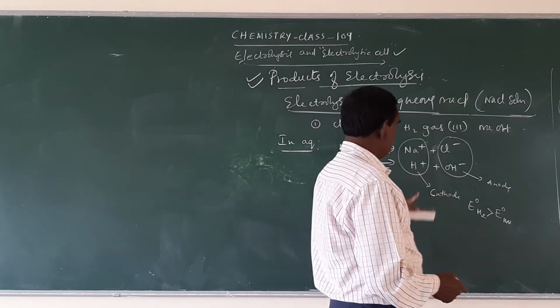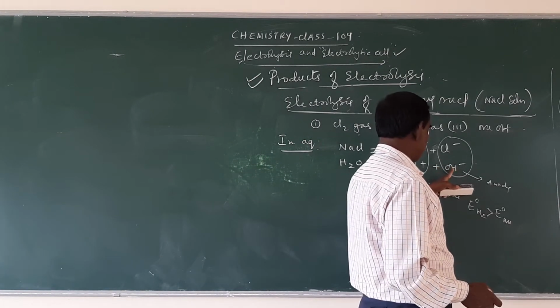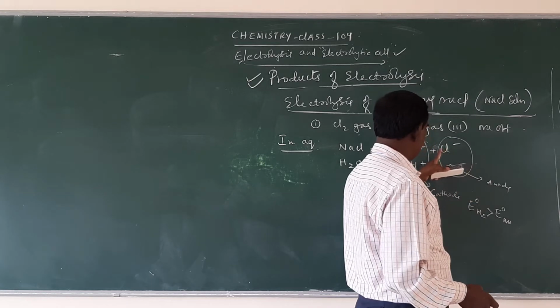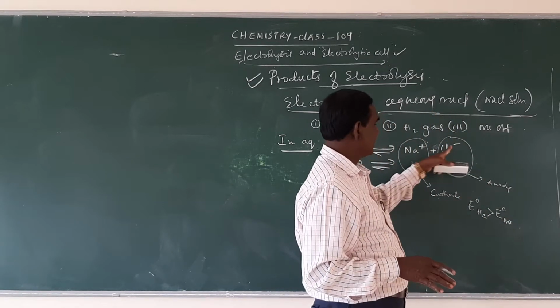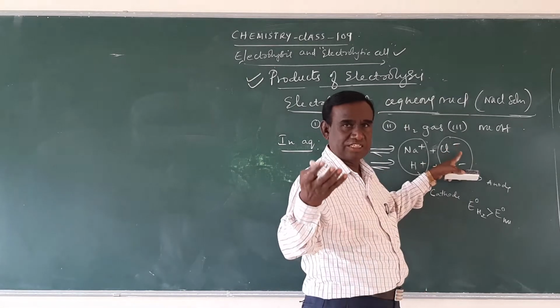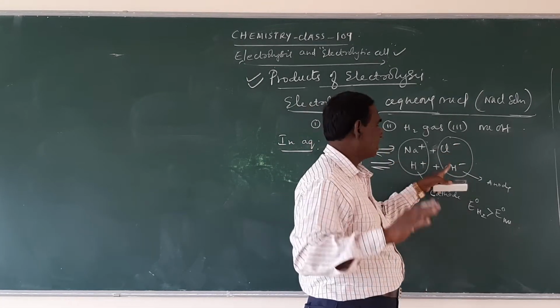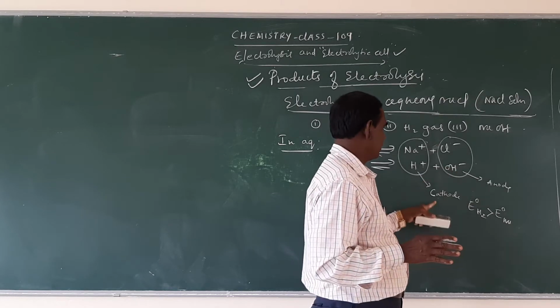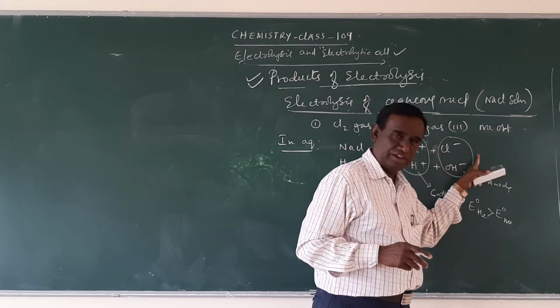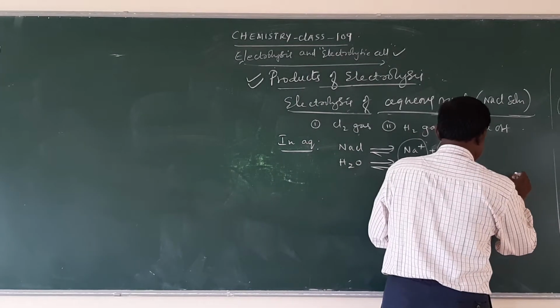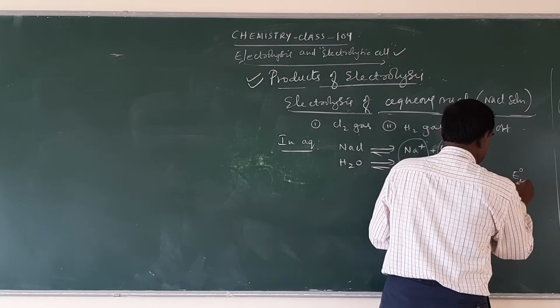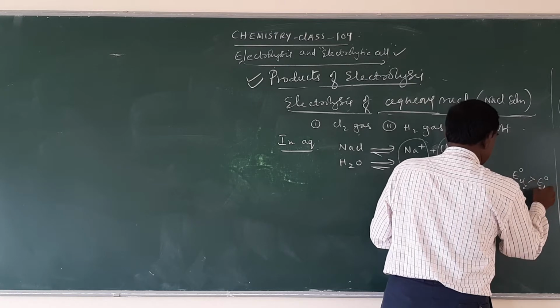And then at the anode, even though Cl- and OH- move towards the anode, only Cl- ions will discharge and liberate as chlorine gas, but not OH- ions. Because the discharge potential of chloride ions is greater than that of OH- ions, that is, E naught of Cl2 is greater than E naught of H2O.